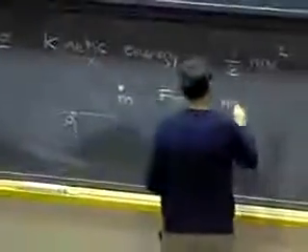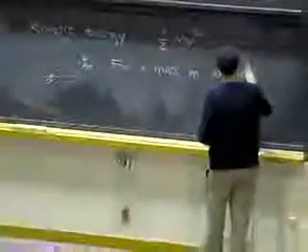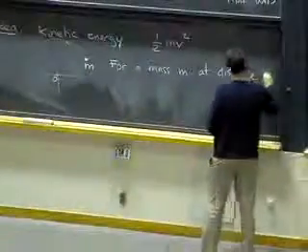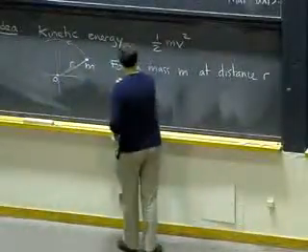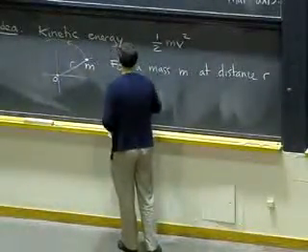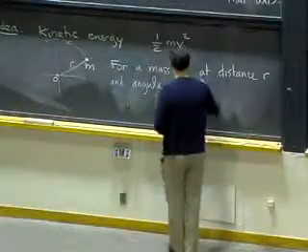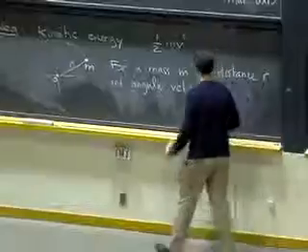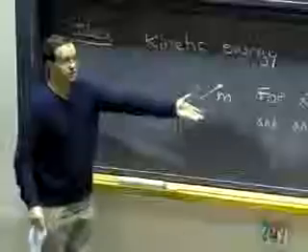So for a mass m at distance r, let's call r this distance, and angular velocity, let's call the angular velocity omega. I think that's what physicists call it. Remember, the angular velocity is just the rate of change of the angle over time. It's d theta dt.